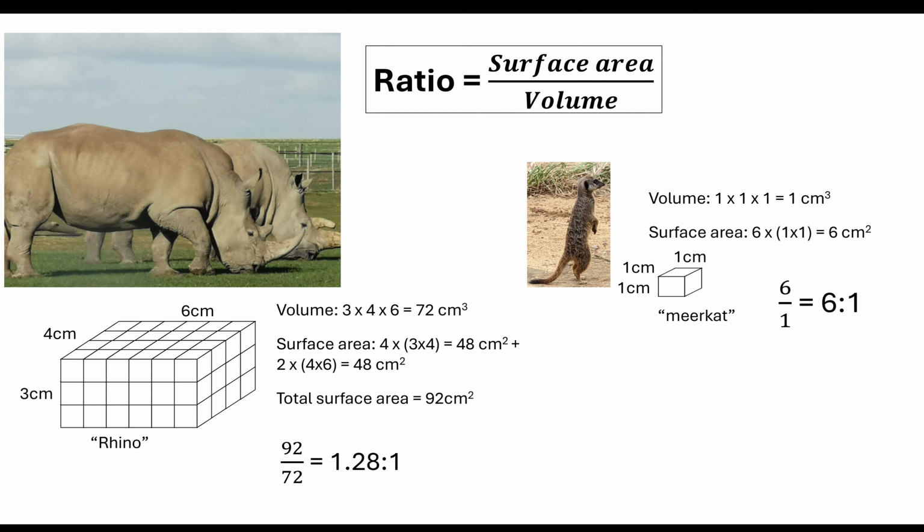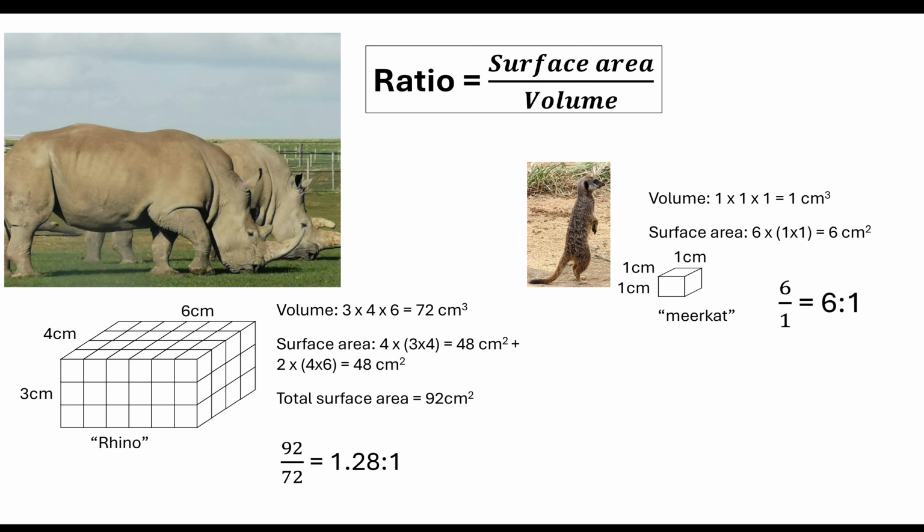We always want to get our volume to 1, so we always need to divide our surface area by whatever the volume is. In this case, with the rhino, my surface area is 92 centimeters squared, and my volume is 72 centimeters cubed. Therefore, my surface area to volume ratio is 1.28 to 1.